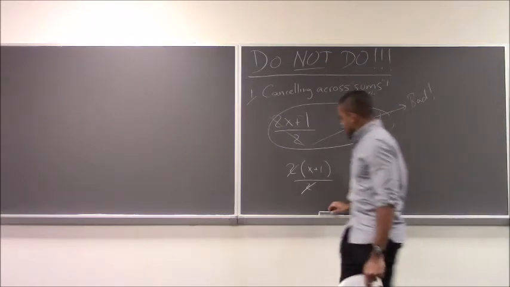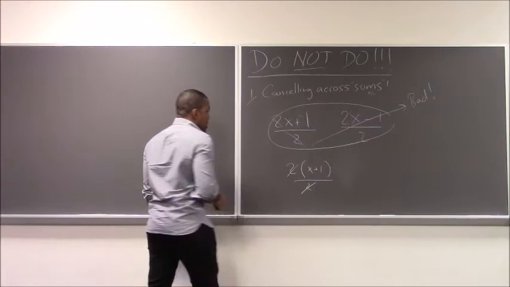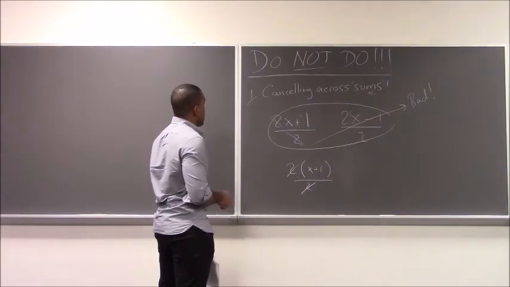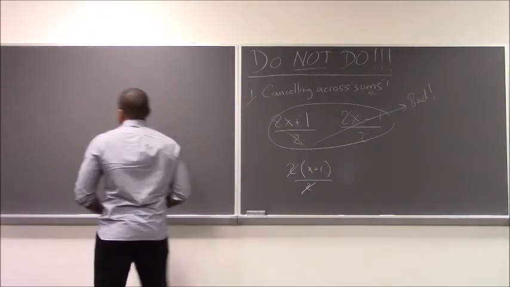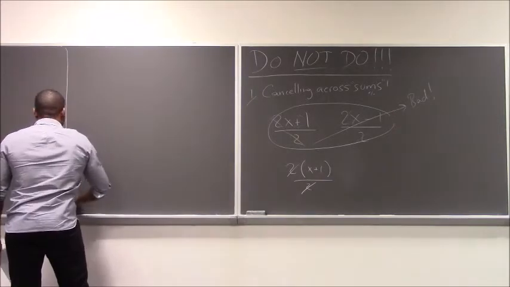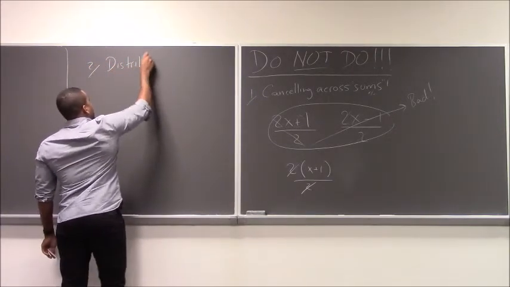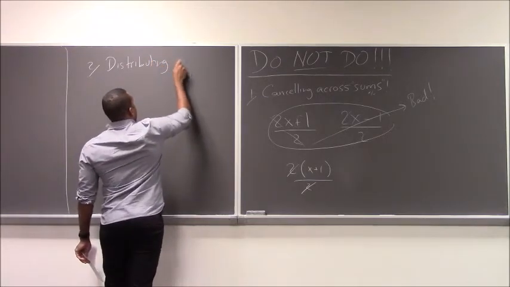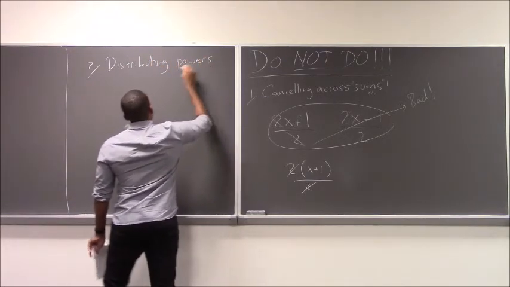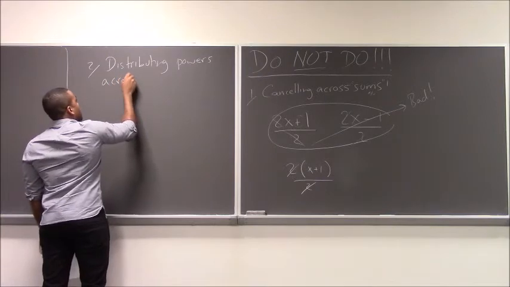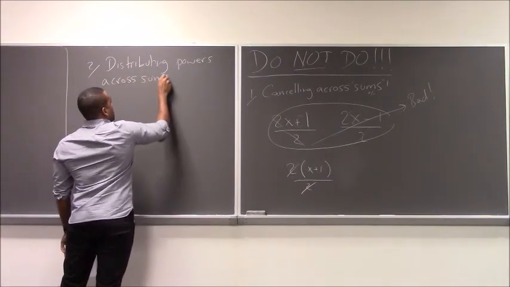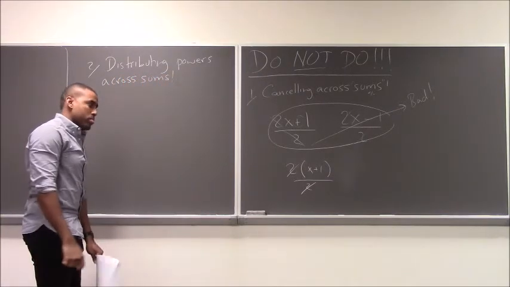Another common mistake that students make in algebra that causes a lot of disruptions is distributing powers across sums. So the second thing that you will not do under any circumstance is distributing powers. What do I mean by that?